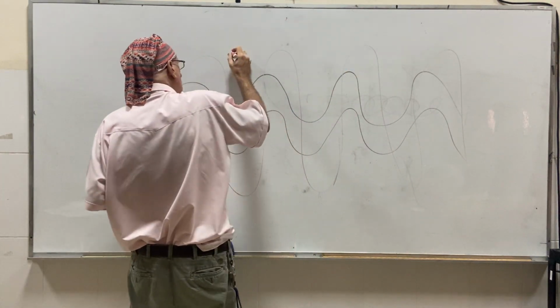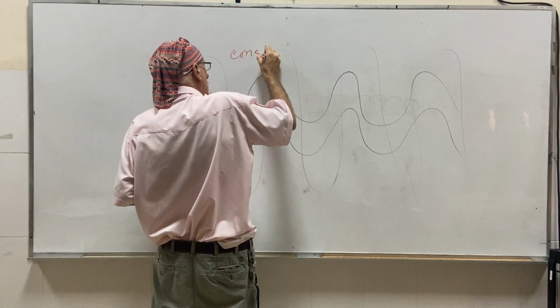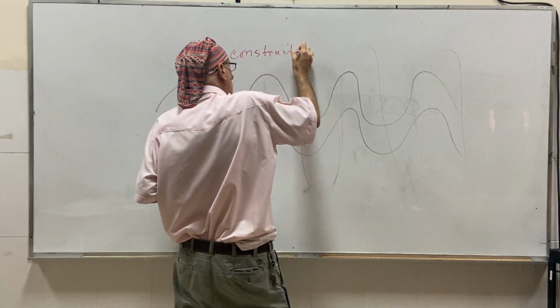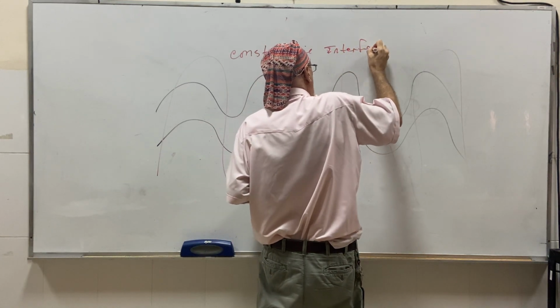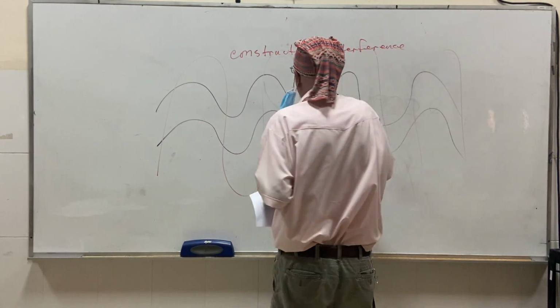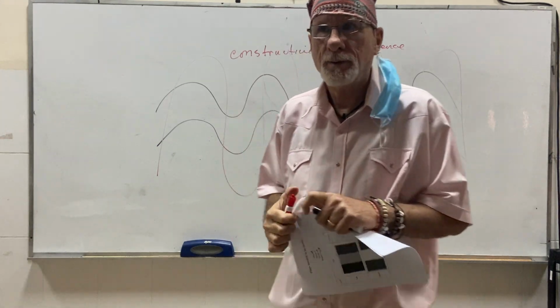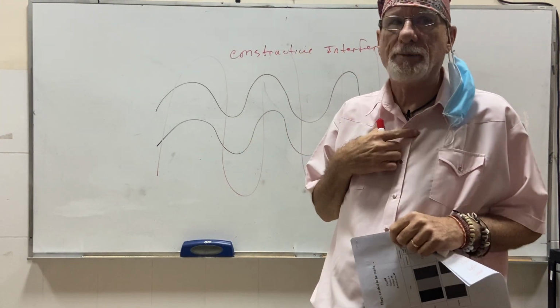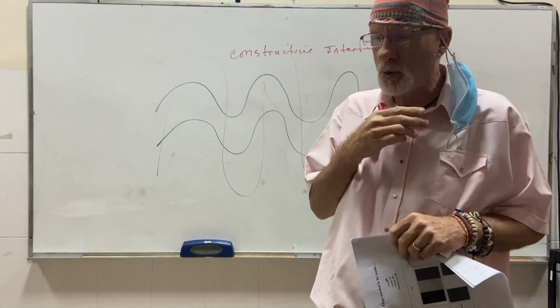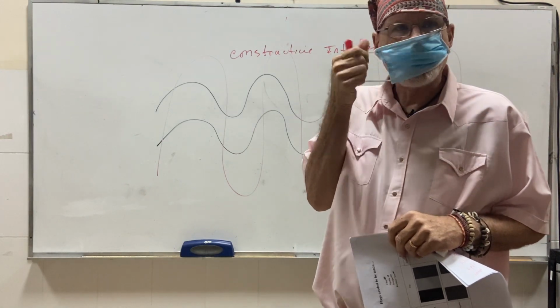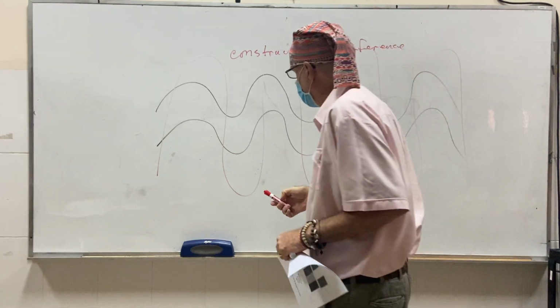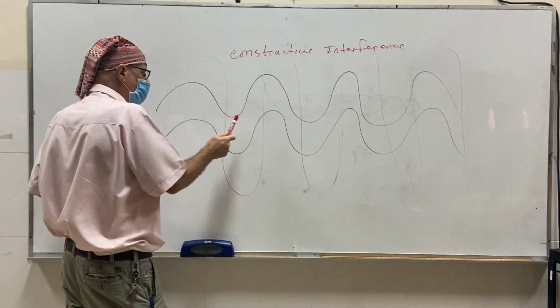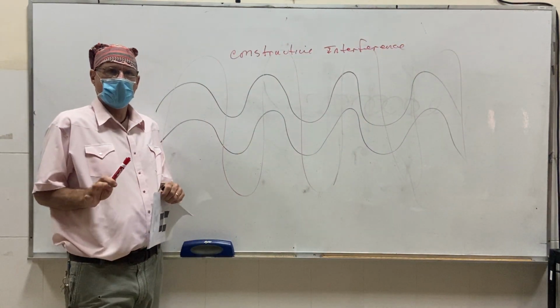In your book. Constructive interference. Does that make sense? I do it all the time. It's constructive interference. Yes? So if you have two waves, I'm terrible at drawing on the board, I get it.